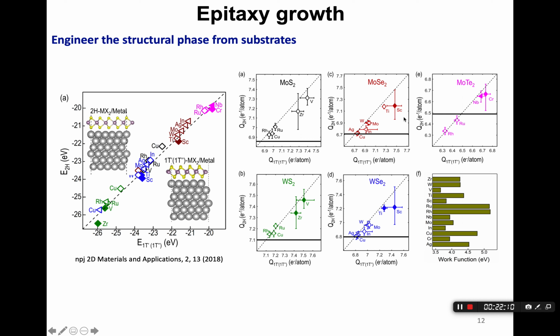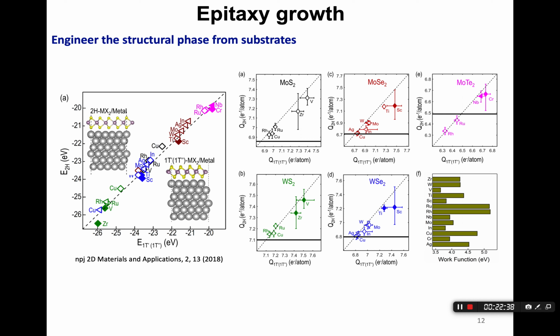If you look at all the filled symbols for 5 types of transition metal dichalcogenides, you will see that the maximum charge transfer from the 2H to the 1T prime will always favor the 1T prime phase, as shown by these filled symbols in the 5 subplots from figure A to figure D.